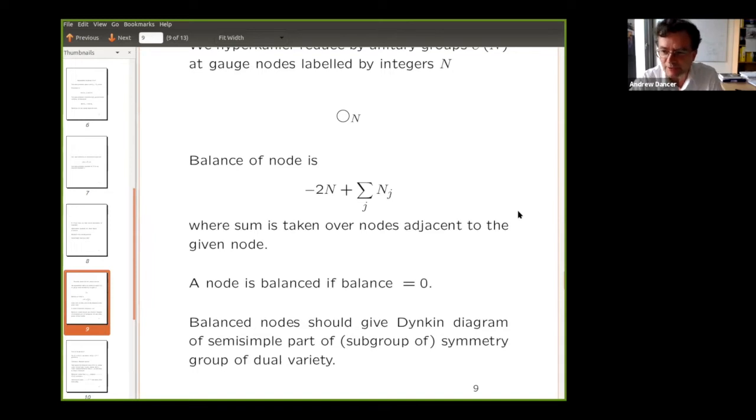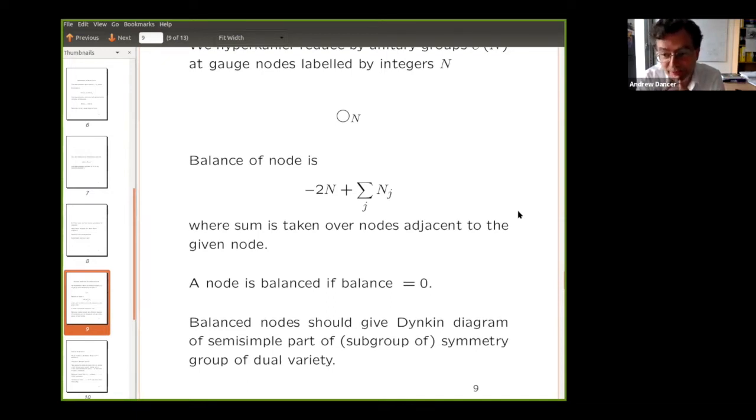There are actually examples where it's a proper subgroup, but usually they're the same. So this refines the statement at the beginning. As I said before, deformation parameters in the Higgs branch should give you the Cartan algebra of the symmetry group of the Coulomb branch. Now, what does that mean for a unitary quiver?